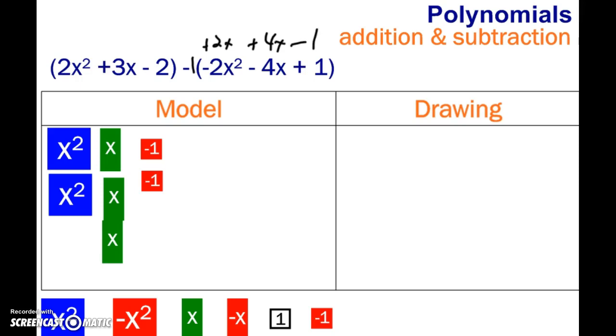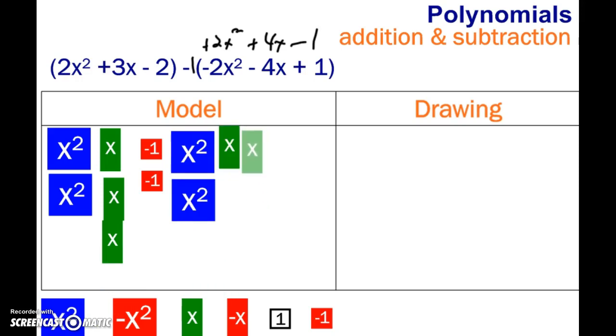And I make the model of that. So positive 2x squared, plus 4x, and minus 1.